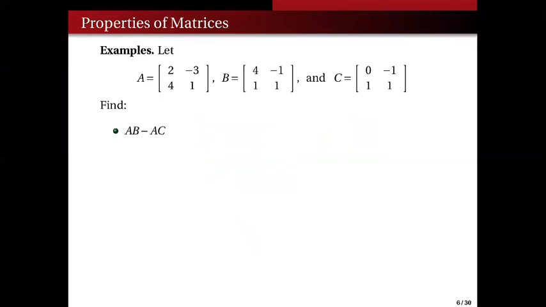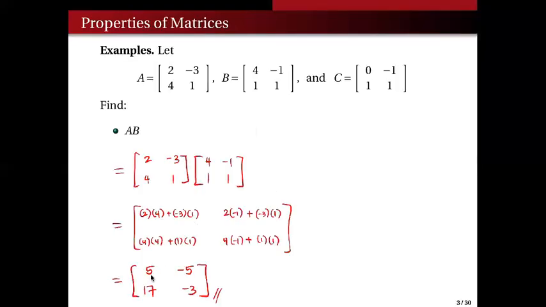Next problem here. So we have AB minus AC. AB is 2, negative 3, 4, 1 times B, which is 4, negative 1, 1, 1. Then minus AC, 2, negative 3, 4, 1 times 0, negative 1, 1, 1. For the AB, we already have this.